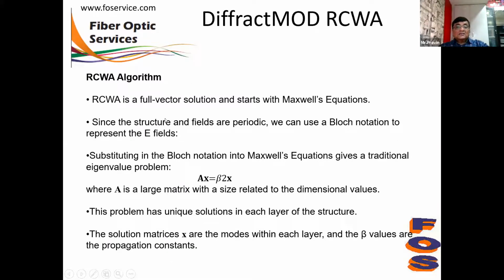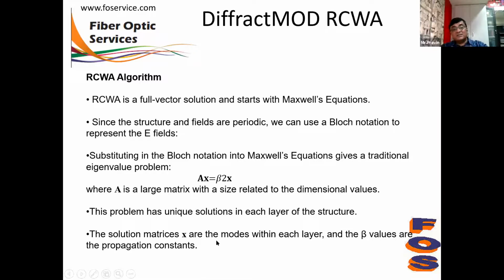This is a full vector solution and starts with the Maxwell equations. Since the structure and field are periodic, we can use the Bloch notation to represent the E field. Substituting the Bloch notation into the Maxwell equations gives the traditional eigenvalue problem, and this problem has a unique solution in each layer of the structure.